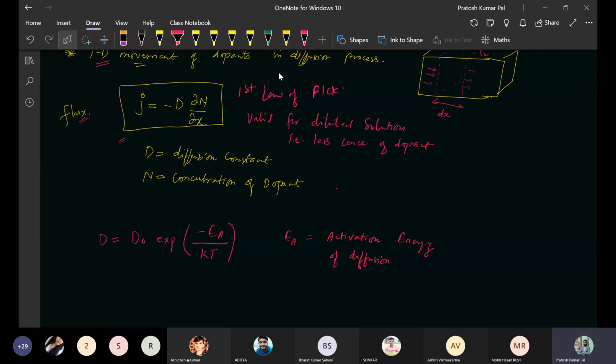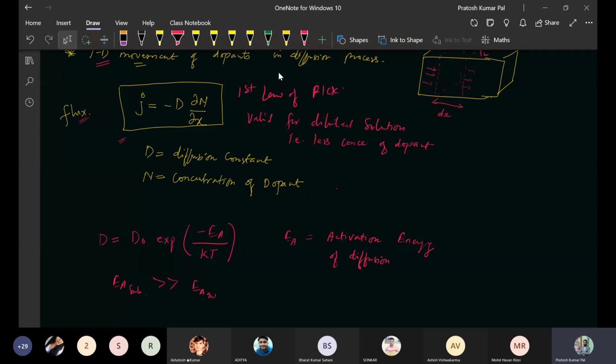We have seen that the activation energy in the case of substitution type of diffusion is very high compared to the activation energy of interstitial type of diffusion.